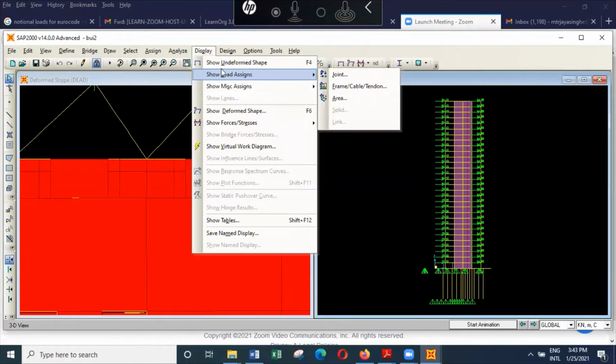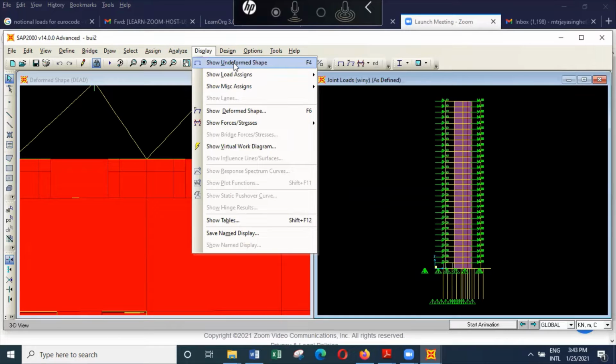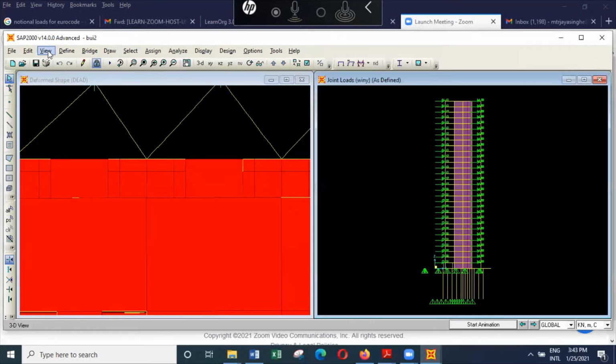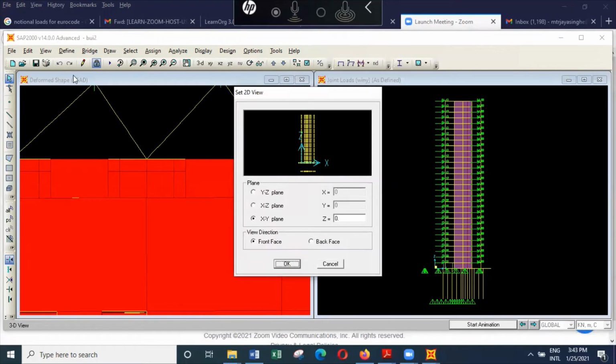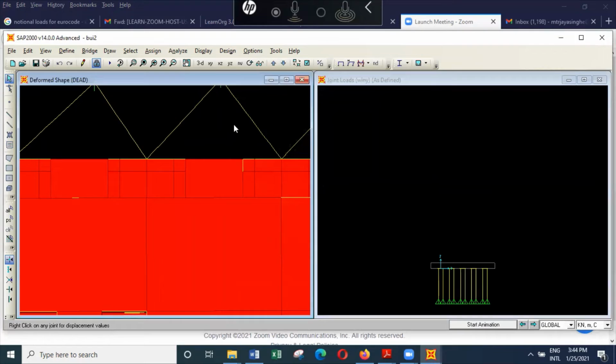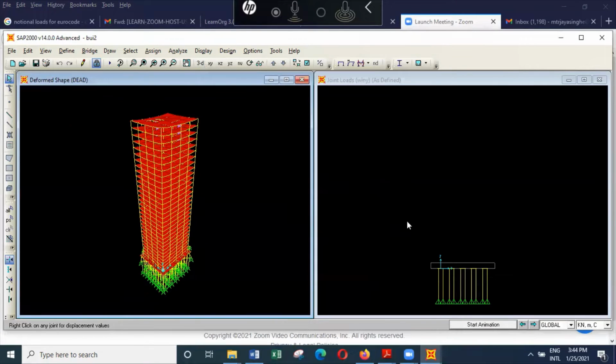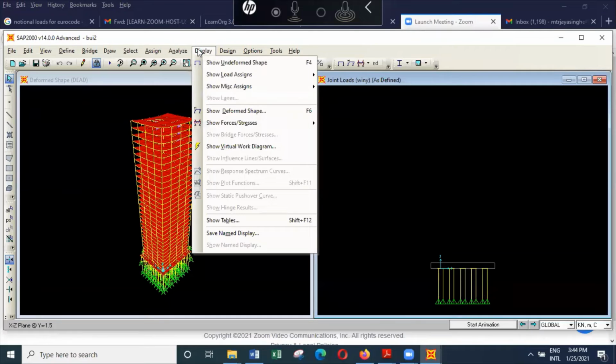Then I can ask for the view. Let's see what happens when the wind load is acting in the x direction.